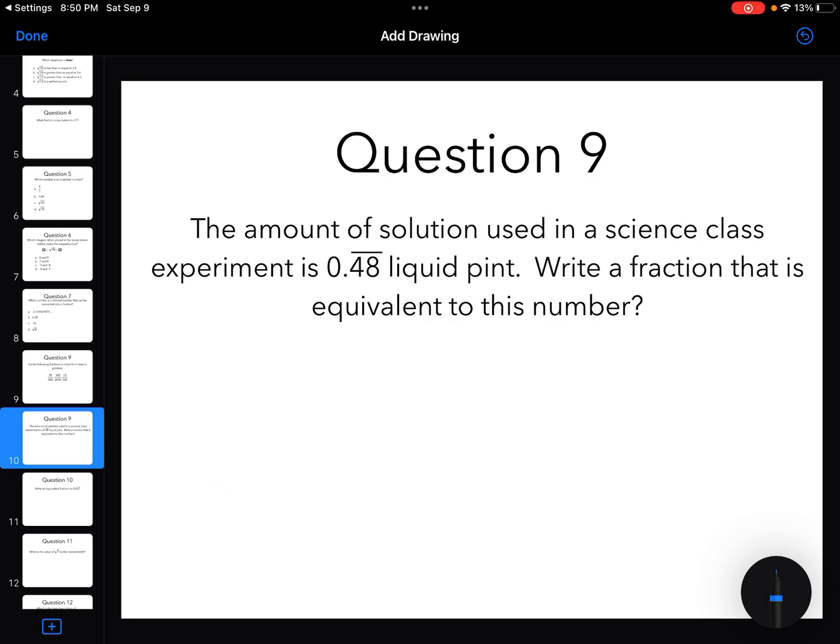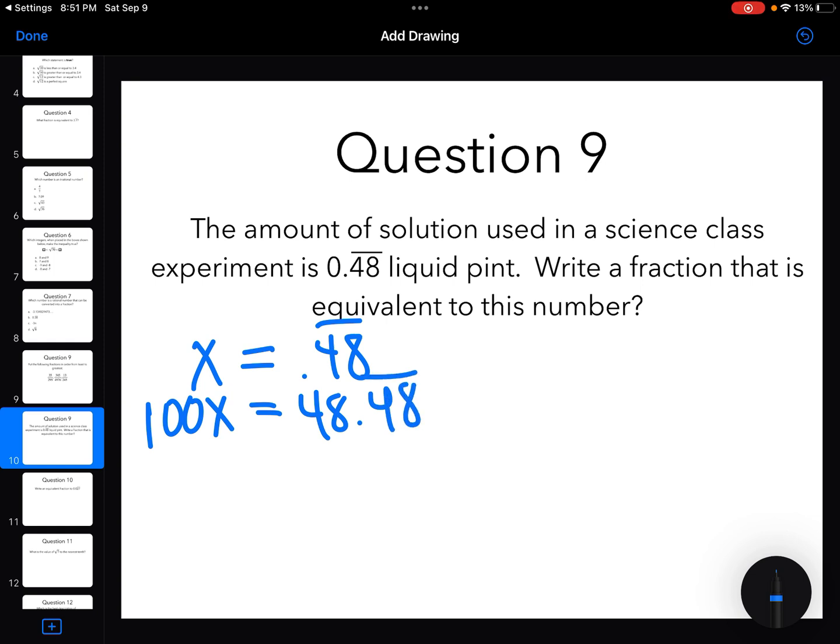All right, the amount of solution used in a science experiment was 0.48 repeating. Write a fraction that's equivalent. If I have multiple choice, I'm going to divide my numerator by my denominator and check. But if I don't, I'm going to have to do it the way we learned in class. So x equals 0.48 repeating, and there are 2 places behind my decimal. So I've got 100x equals 48.48 repeating.